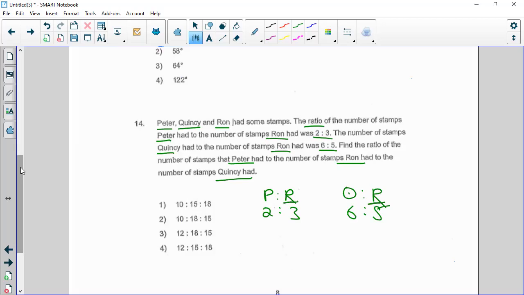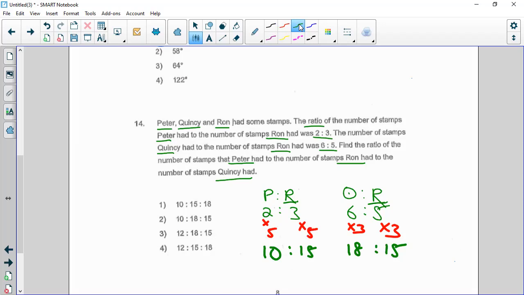Ron and Ron, but the numbers are different. So what must you do? You have to make equal. What is the same person make equal? So this ratio, you have to times 5. And the other ratio, you have to times 3. And then what do you get? And then you will get 10 is to 15, 18 is to 15.